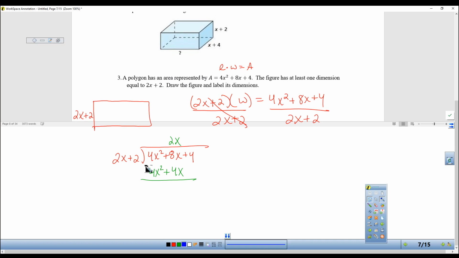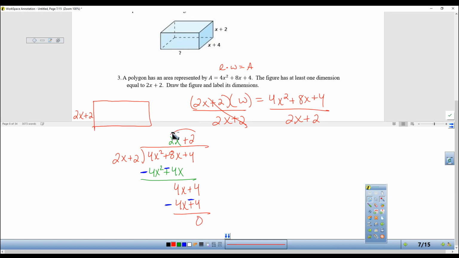I change my sign and change my color to make sure I don't forget that step, which gives me 4x plus 4. 4x divided by 2x is 2, so I know that's what goes last. Oops, I didn't really want to, well, that's okay. We'll mix up the colors here. So that gives me 4x plus 4. I change my color, and I subtract, which gives me 0.